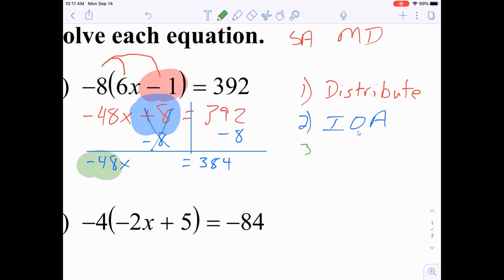So I'm going to do that by doing the inverse of multiplication. And so I want to divide both sides by negative 48. What ultimately happens is the 48's cancel, x drops down, equal sign drops down. 384 divided by negative 48.